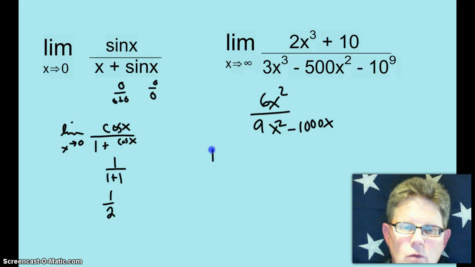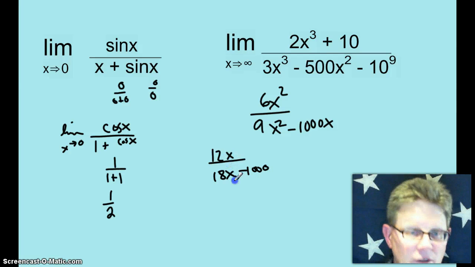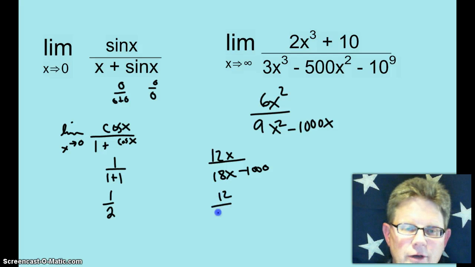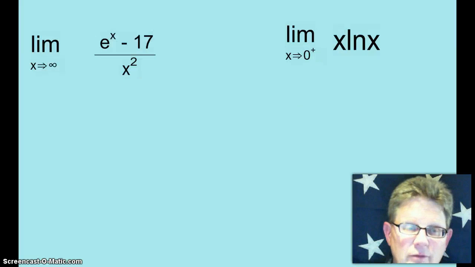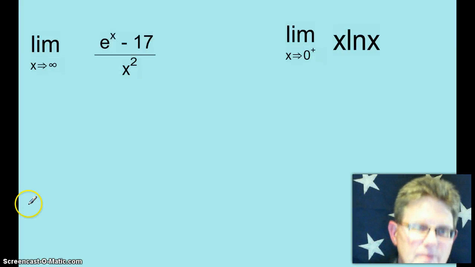And that would be 12x over 18x minus 1000. And when we replace, we still get infinity over infinity. Take the derivative of numerator and denominator again, we get 12/18, which yields us the 2/3 that we already knew. I just wanted to show you something we've done before and we haven't done before. Alright.